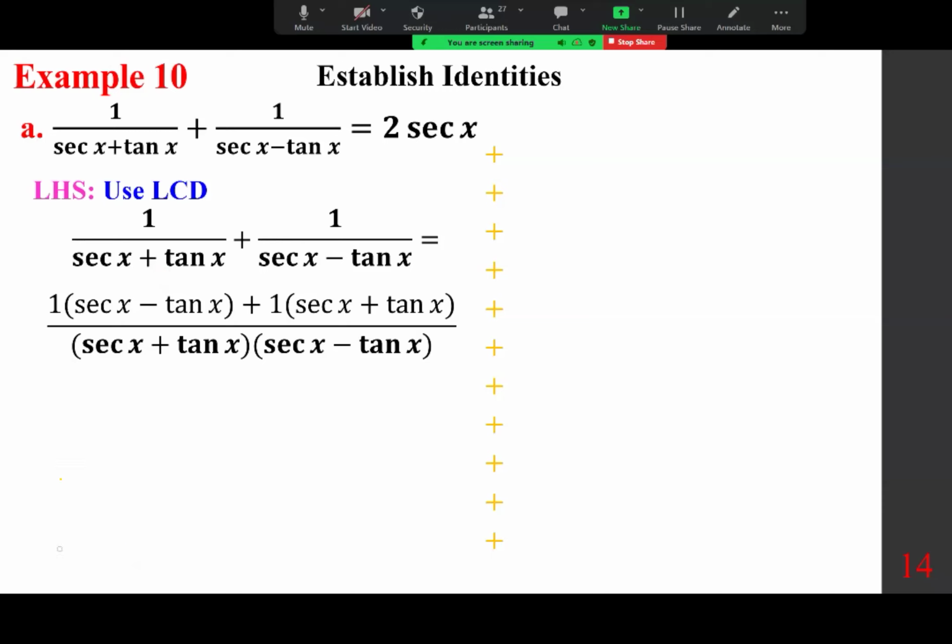Let's write down secant x minus tan x plus secant x plus tan x. Let me use a different color for the numerator, and notice these two cancel each other, and these two add up to 2 secant x. That's for the numerator. For the denominator, we get secant squared minus tan squared. Very straightforward.